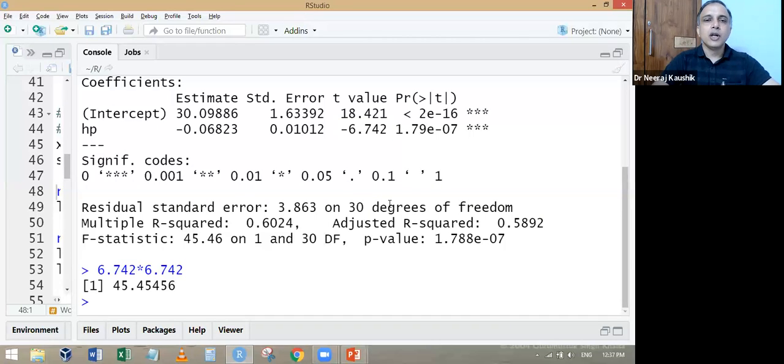And what is our rule? Calculated value less than table value, we say null hypothesis accepted. In all my offline workshops, I always say that if you're a PhD scholar, please get it tattooed on your hand or maybe on your head. Because this is a golden rule of hypothesis testing, of entire statistics. Calculated value less than table value means null hypothesis accepted.